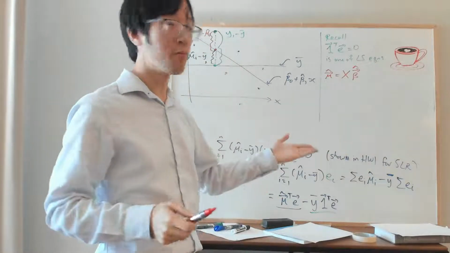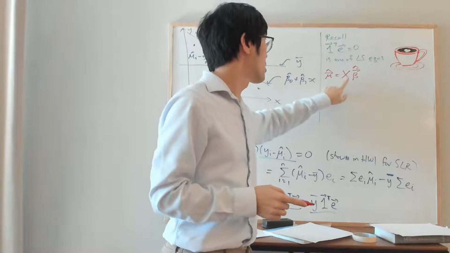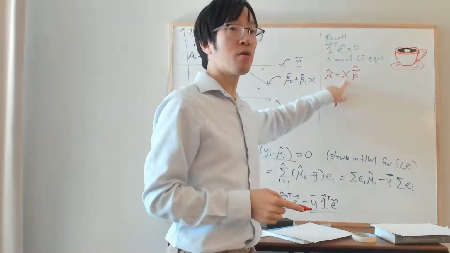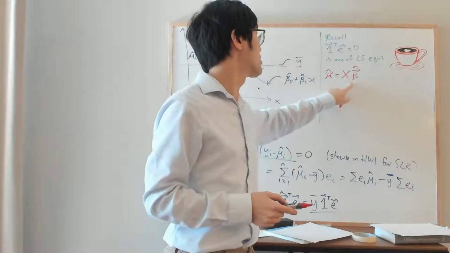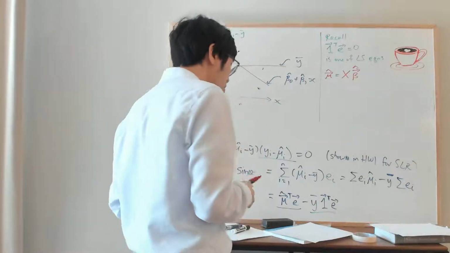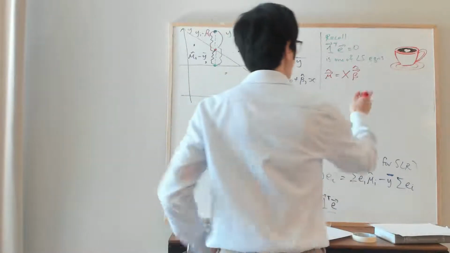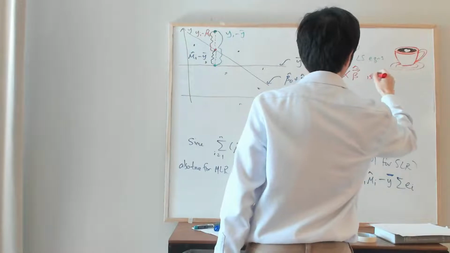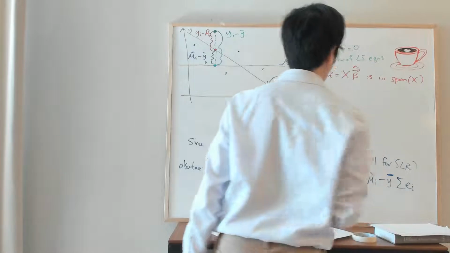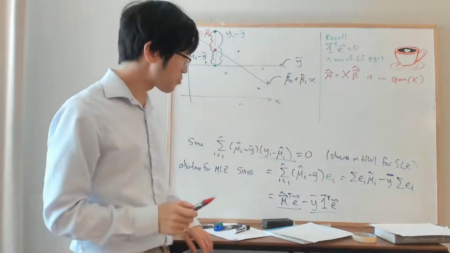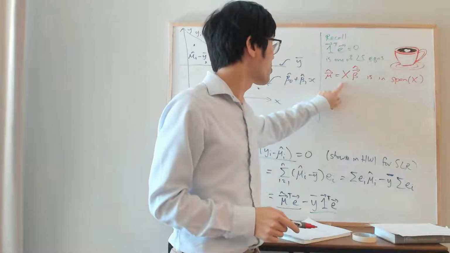Remember when we looked at the geometry of the least squares estimates: it's the matrix X times this vector, and so this entire thing is in the span of X. That's something we stated a few lectures ago.